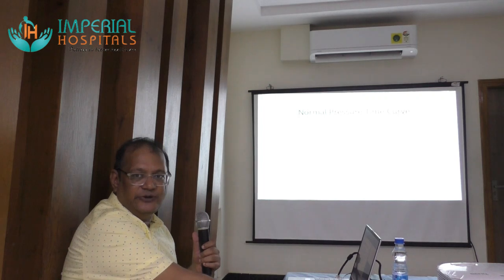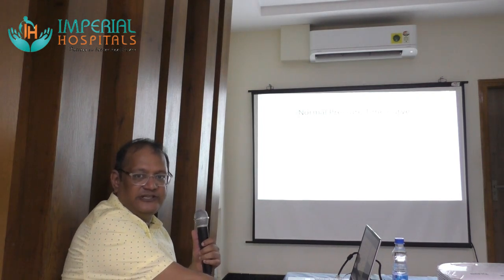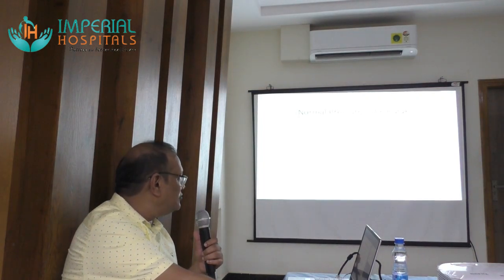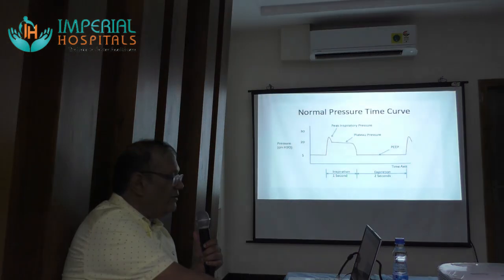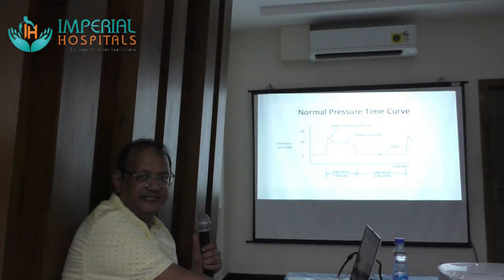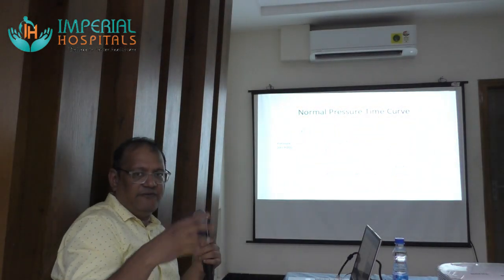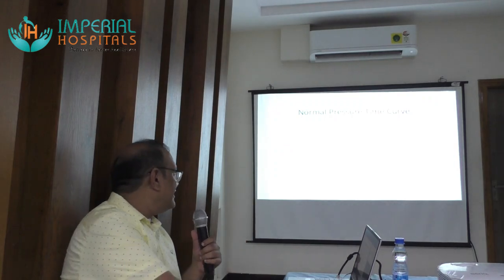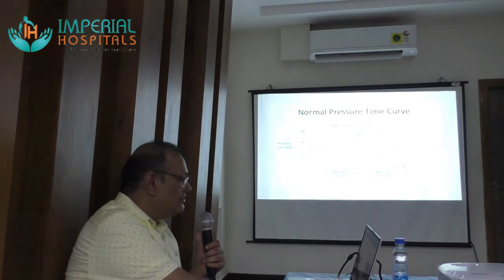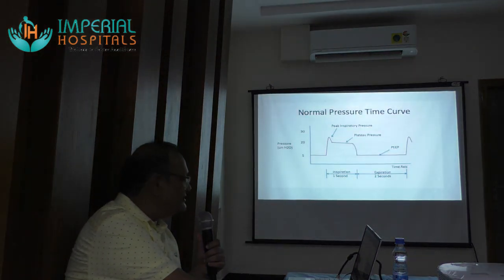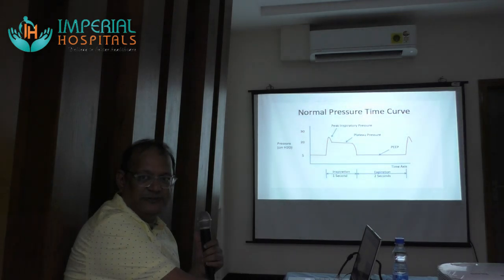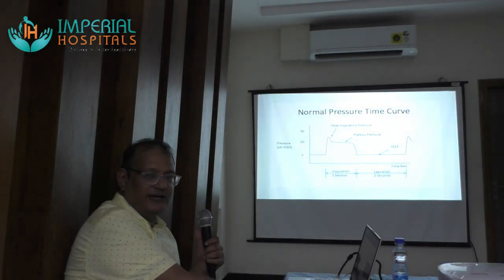And the IE ratio you have set as 1:2. So inspiration is going to be 1 second and expiration is going to be 2 seconds. So when you plot the pressure changes in the tubing against time, you'll see this picture. So the 5 centimeters is the PEEP you have set in. So this will be the lowest pressure that is seen on the graph.